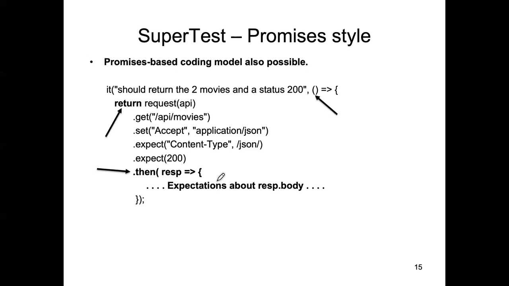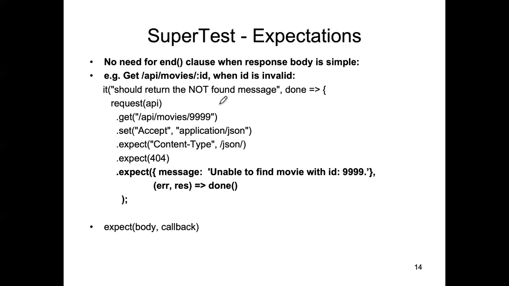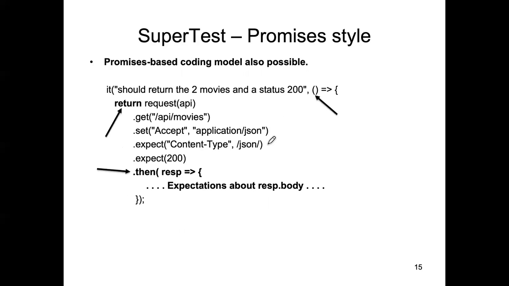The one involving the done callback is okay, but it's a bit long-winded. So this is how you would program SuperTest using the promises model, and there are just a few small changes. The code looks very like the code that we've seen so far. Compare that code to this code, which is using the done callback, as I mentioned. Okay, we're not using the done callback here.